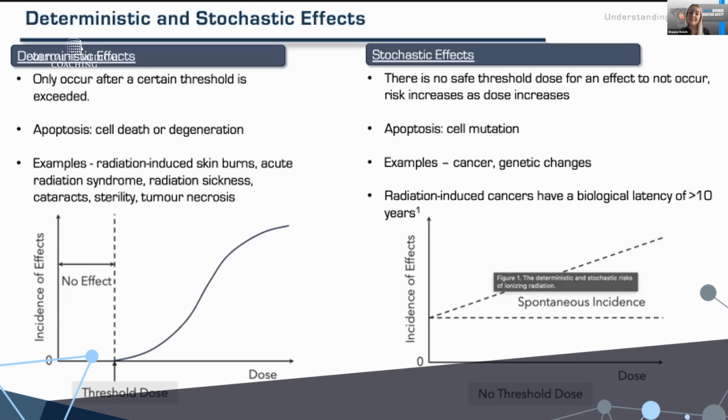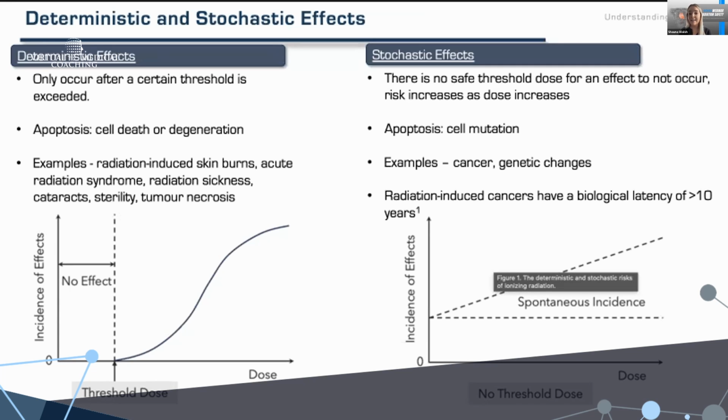One of the characteristics of deterministic is the existence of the threshold dose, meaning that exposure to radiation under this level causes no effects, but exposure to radiation above this level causes effects. Radiation exposure above the threshold dose causes the death or degeneration of a large number of cells at one time, and the incidence rate increases sharply. So examples of this: radiation-induced skin burns, acute radiation syndrome, radiation sickness, cataracts, sterility, tumor necrosis.